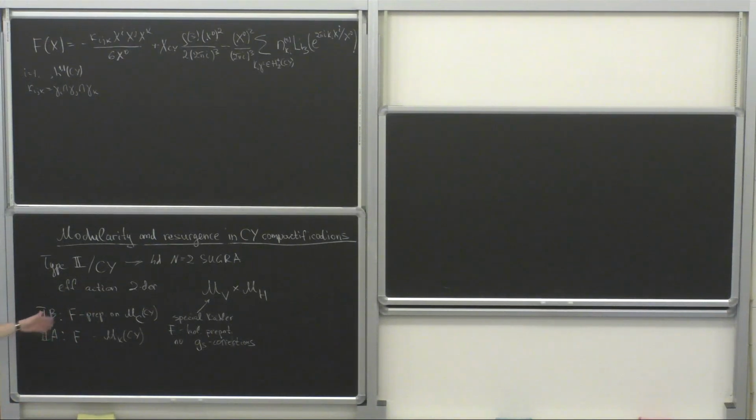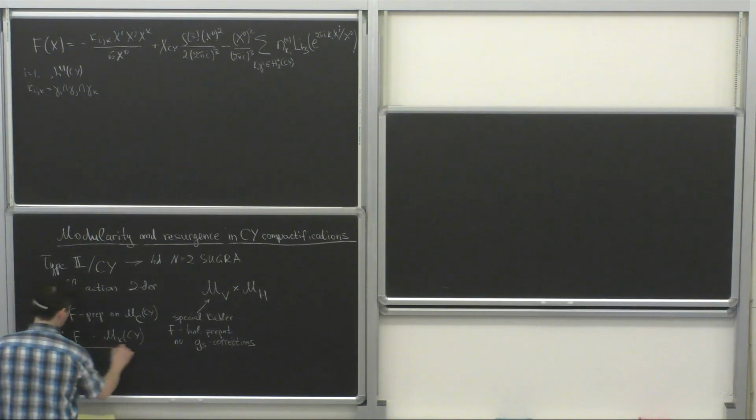And then, of course, there is this famous mirror symmetry, which exchanges them if we map the Calabi-Yau to its mirror. And for example, I already wrote down an explicit formula for F in this case.